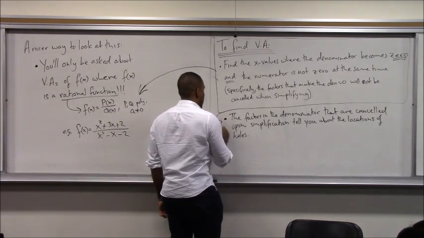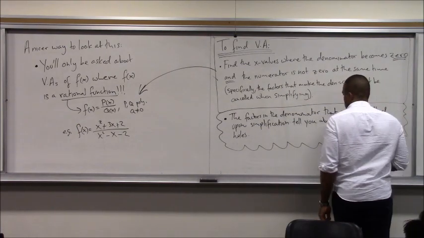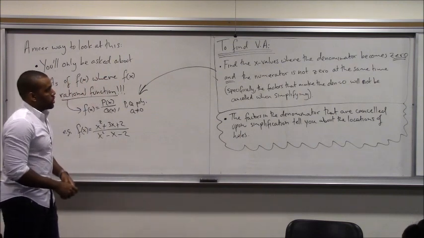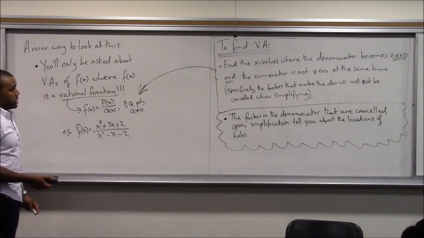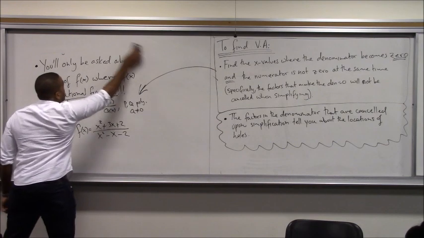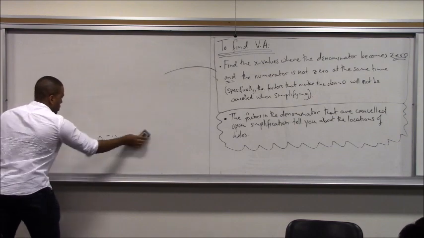You should know that that's a nice thing. They might ask you about holes. They don't do it often, but I've seen it before. So pretty much any factors in the denominator that's going to create a zero that doesn't get canceled creates a vertical asymptote. That's the short story. We'll do some examples after I describe how you find horizontal asymptotes.